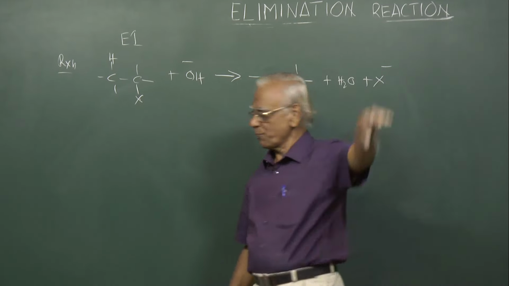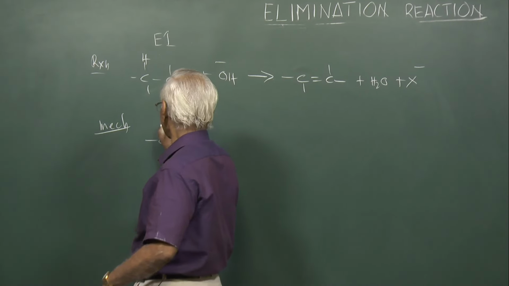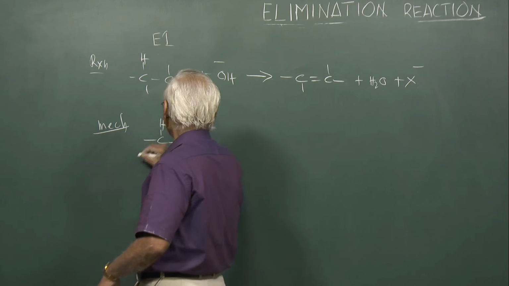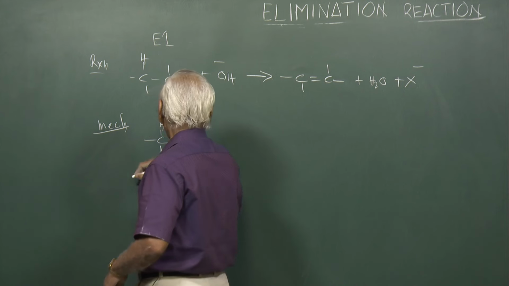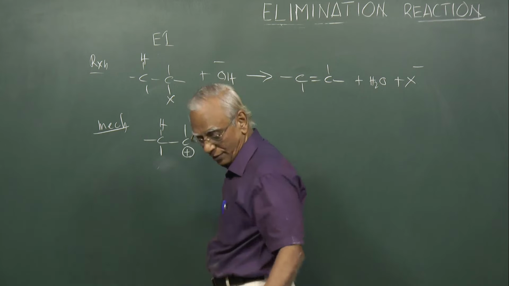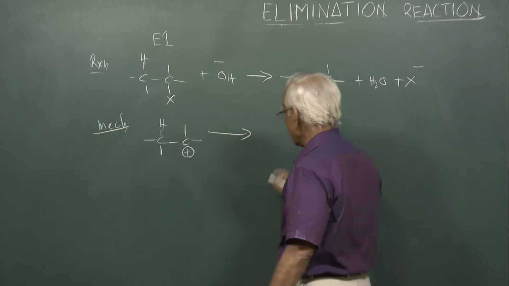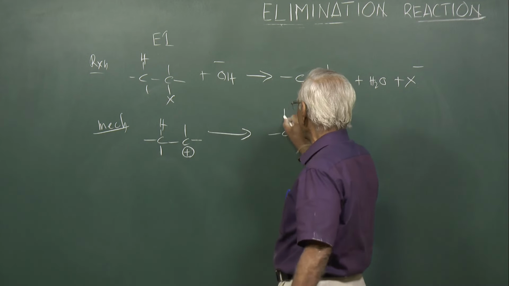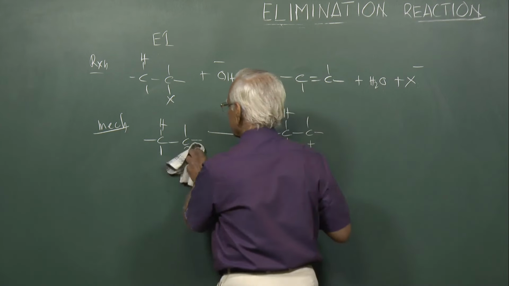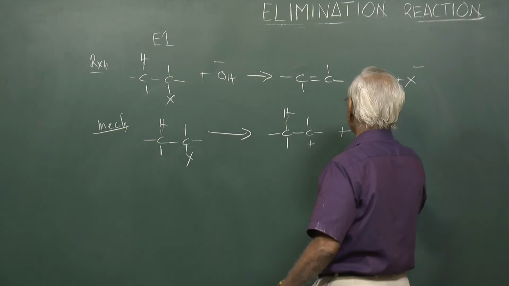But it is not a single step process. How does the mechanism go? The base is not able to abstract the proton in the first step here. The carbon halogen bond is cleaved first, forming a carbocation.